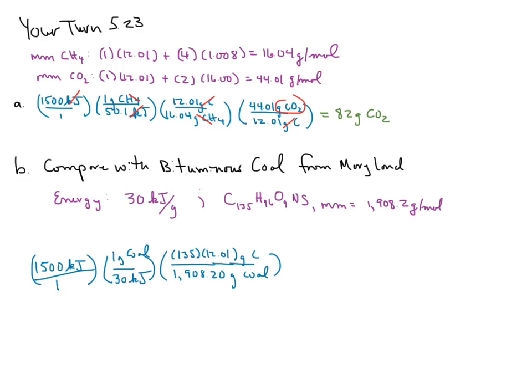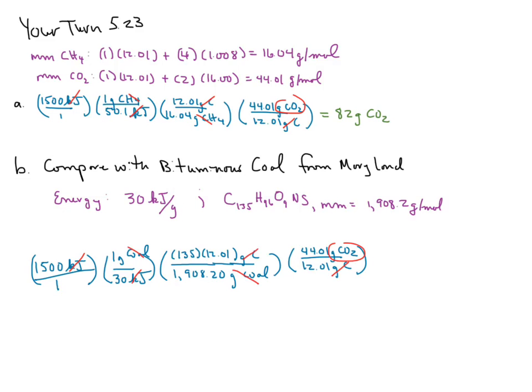So in this case, my energy units cancel, my grams of coal cancel, I'm left with grams of carbon. Now I need to get to grams of carbon dioxide, so one more term should do it. If I put 44.01 grams of CO2 over 12.01 grams of carbon, and that's legit, that's the real deal with carbon dioxide and carbon, then my units of grams of carbon cancel, I have grams of CO2, which is perfect.